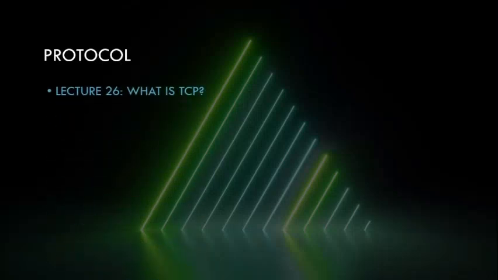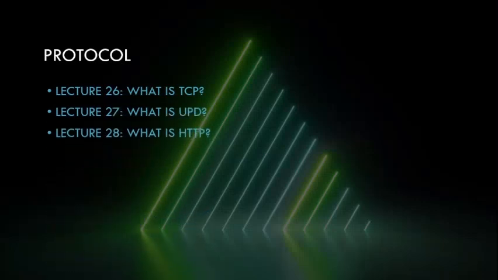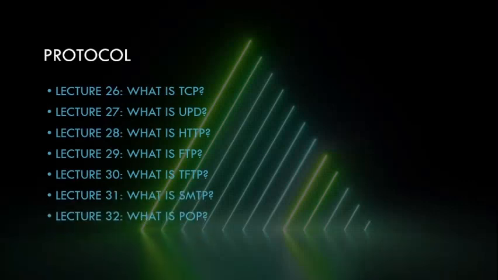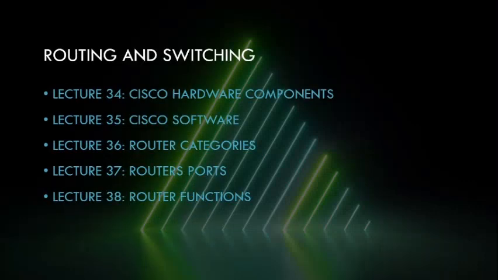In the protocol section, we discuss what is TCP, what is UDP, what is HTTP, what is FTP, what is TFTP, what is SMTP, what is POP, and what is ICMP. These are the protocols.